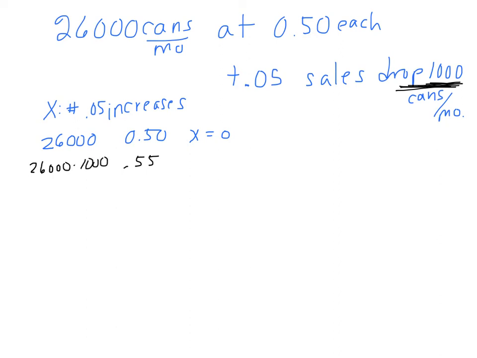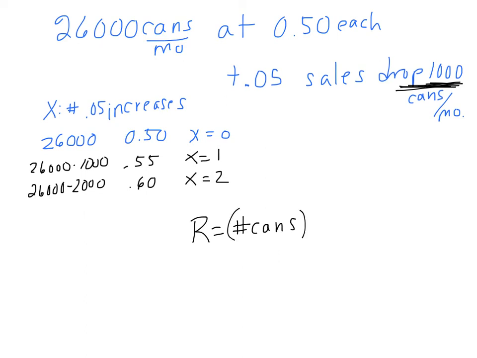If I sell them for 60 cents, I'm going to do 26,000 minus 2,000. So the first line I put in here, that's when x equals 1. There's 1 5-cent increase. The second line I put in is when x equals 2.